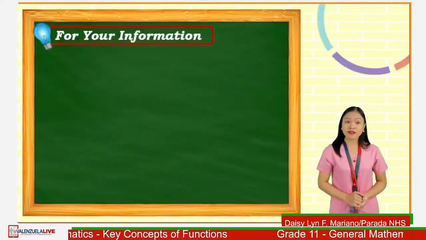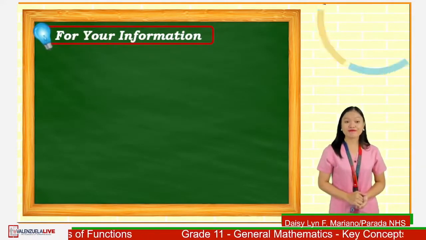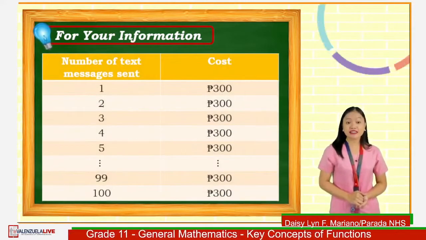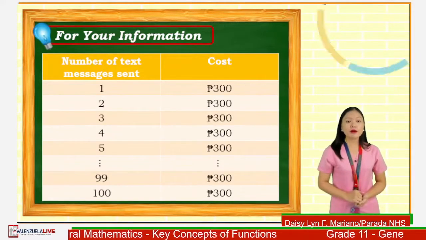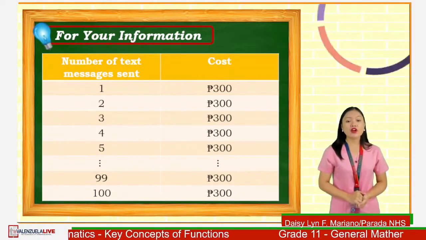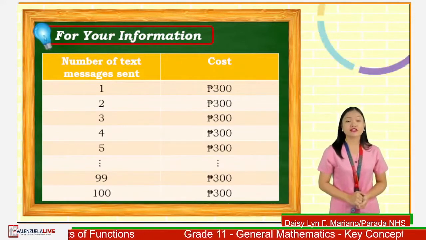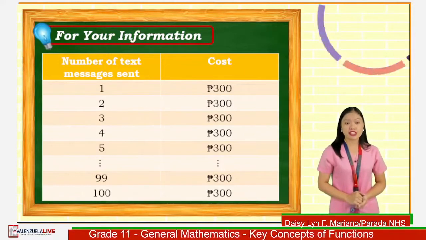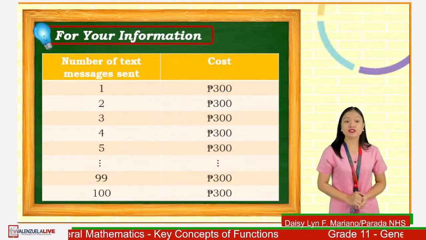Time's up. What is your answer? How did you get your answer? The table shows the number of text messages sent and its corresponding cost. It is stated in the problem that the plan includes 100 free text messages for 300 pesos. So, for sending at most 100 text messages, the cost is fixed at 300 pesos.